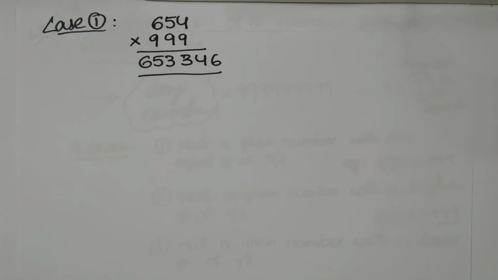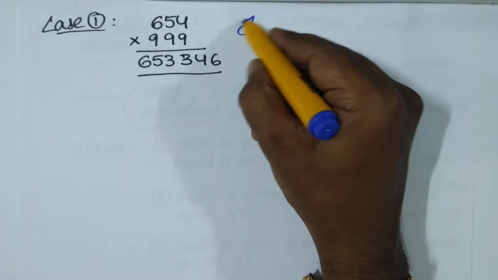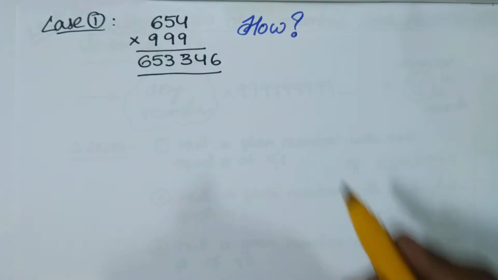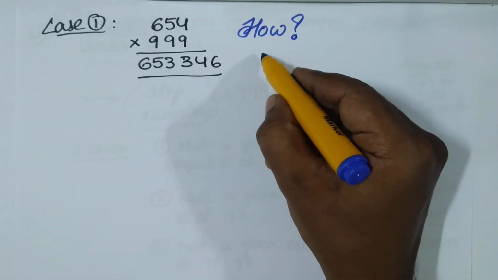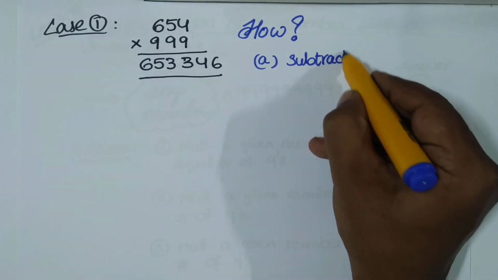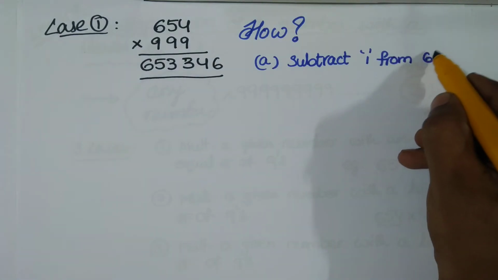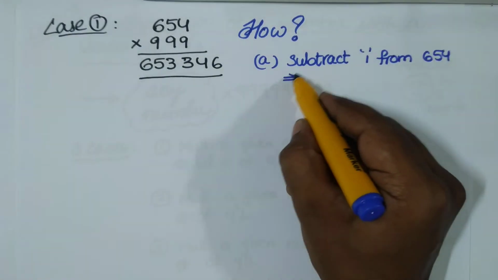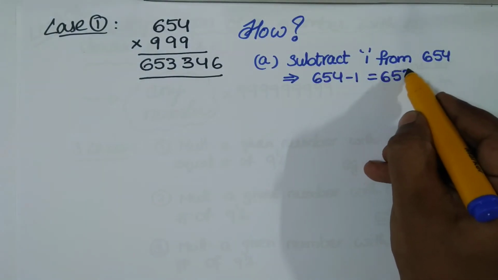It is really simple. You have two steps here. First, subtract 1 from 654. So 654 minus 1 is 653.